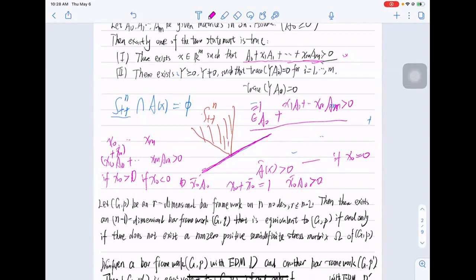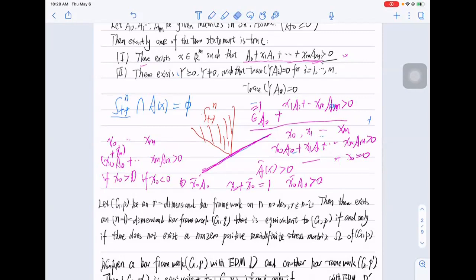So this says if statement 1 is not true, that is, there does not exist X such that A0 plus X1 A1 plus through XM AM is positive definite, then it's equivalent to saying there does not exist X0, X1, through XM, such that X0 is 0 and X1 A1 plus through XM AM is positive definite.